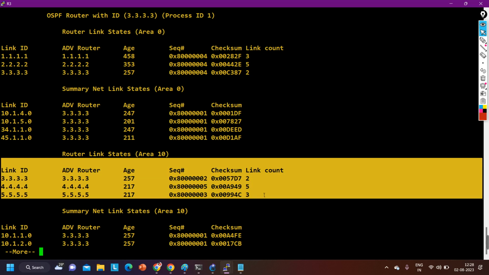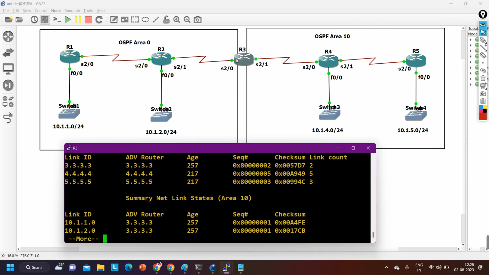So the total number of LSA1 is 6, 3 in area 0 and 3 in area 10. It means router 1 is creating 1, and router 3 is creating 2 LSA1, one for area 0 and one for area 10. So an ABR router always generates LSAs depending on how many areas are connected to router 3. It will generate a total number of LSAs depending on the connected areas. Okay.